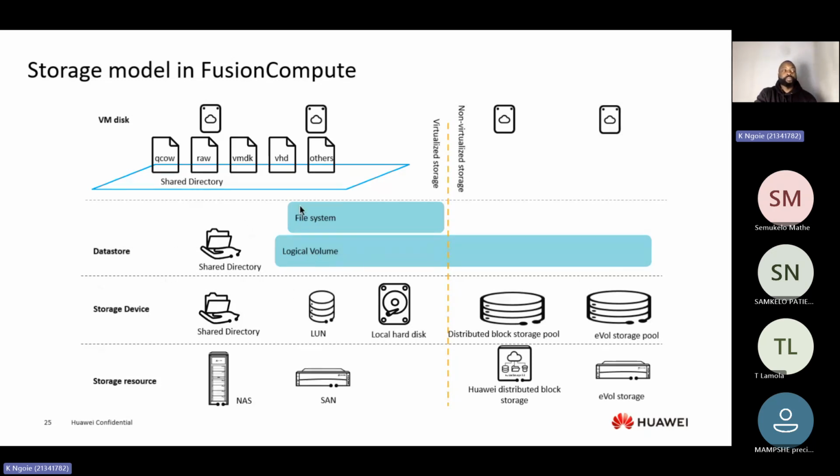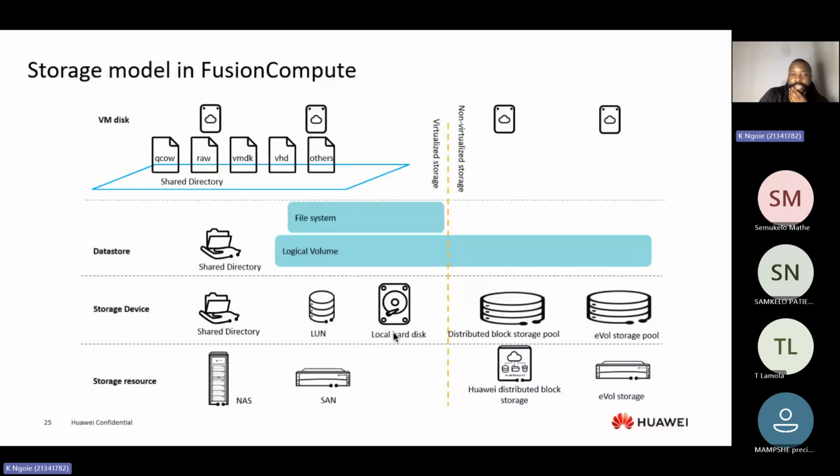Remember here, for the storage type, we can have a data store, which means we have a shared directory with a file system and logical volume. We have storage devices or storage resources. When we have things like local hard drives, when adding a data store on local drives, you can choose the virtualization mode from FusionCompute.